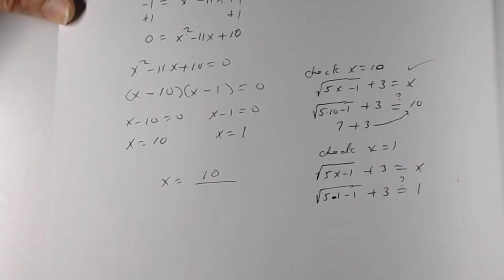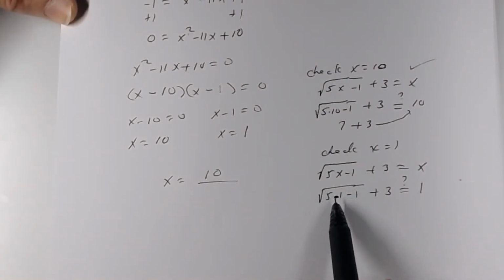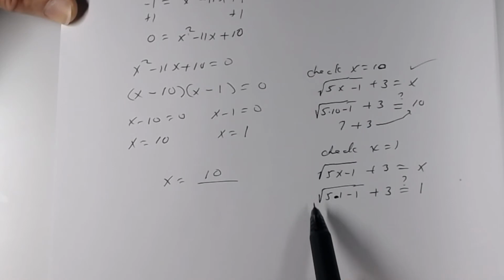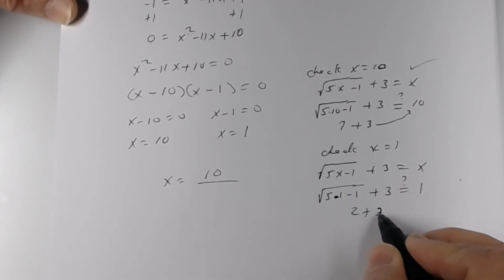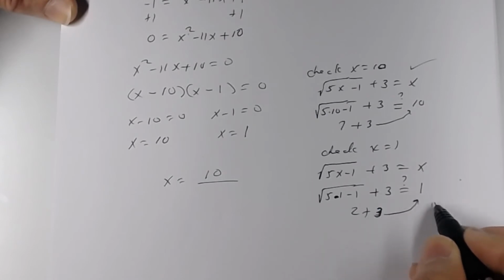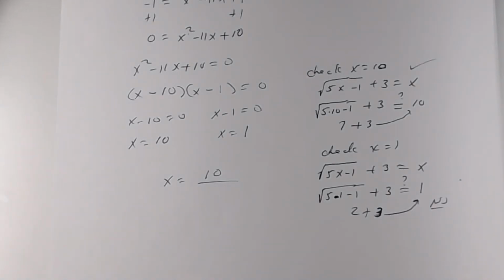I want to see that the left side equals the right side. Well, what's 5 times 1? 5. What's 5 minus 1? 4. What's the square root of 4? 2. 2 plus 3 is 3... I mean 5, equal to a 1? No. So x equals 1 is not a solution.